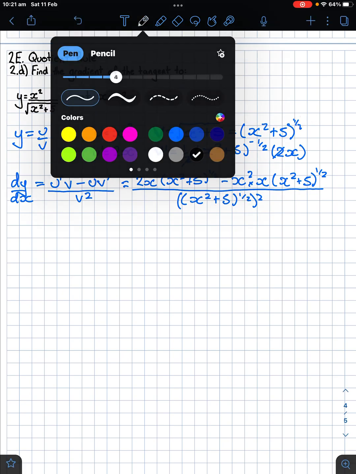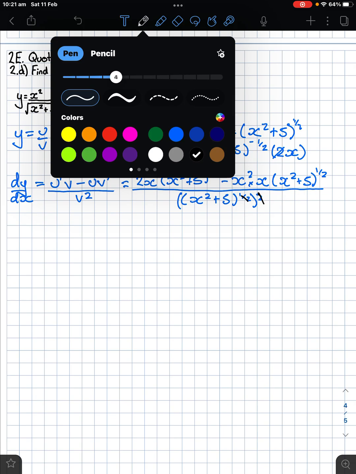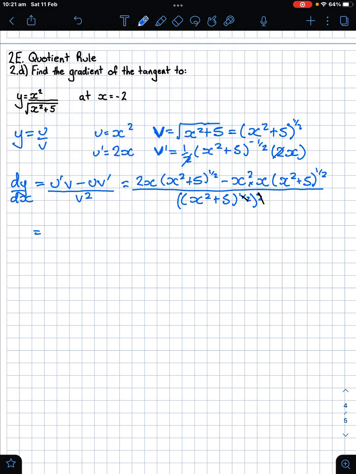So let's change here. The half and the squared are going to cancel, and let's clean this up a little bit for our next step. We're going to have dy/dx equals 2x times the square root of x squared plus 5, minus x cubed.